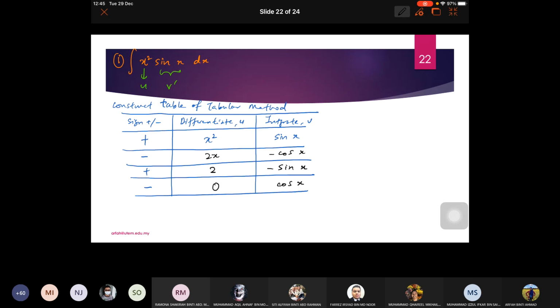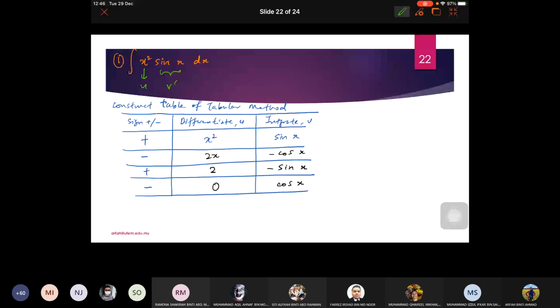Okay, done. So, daripada sini, once dah dapat yang ini, awak akan letak dia punya sign, dia punya arrow based on this one.